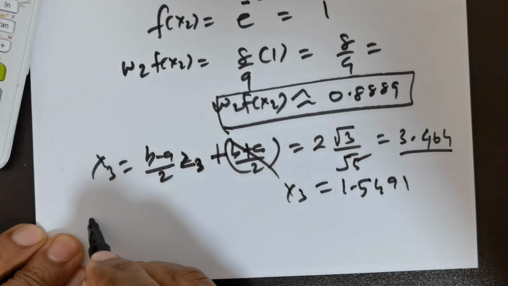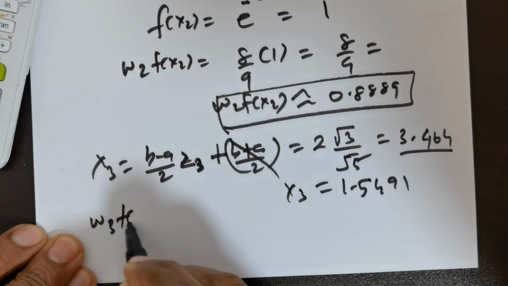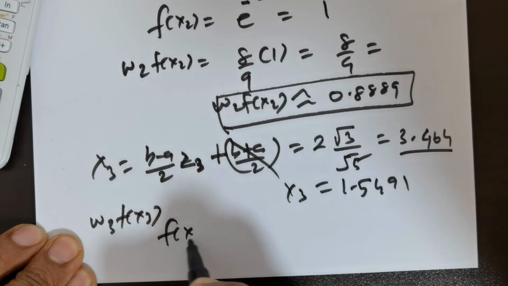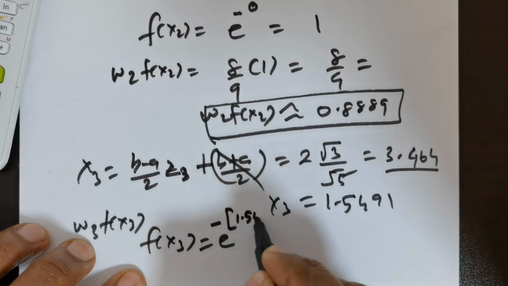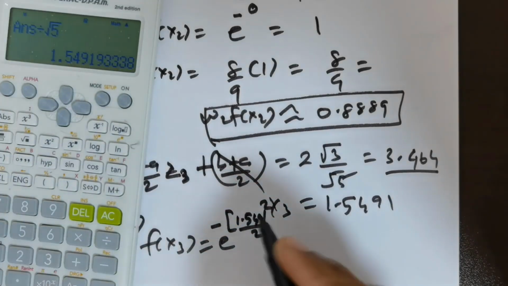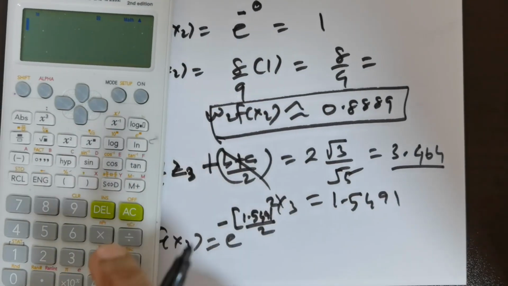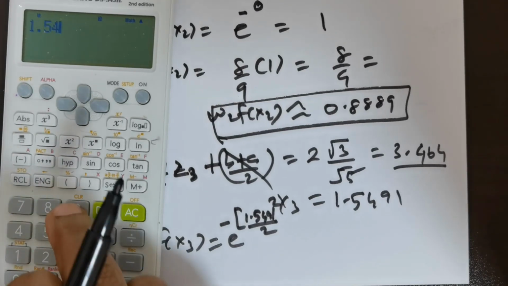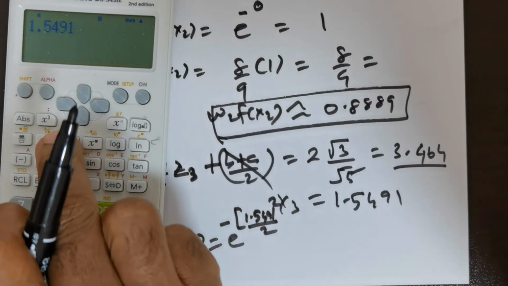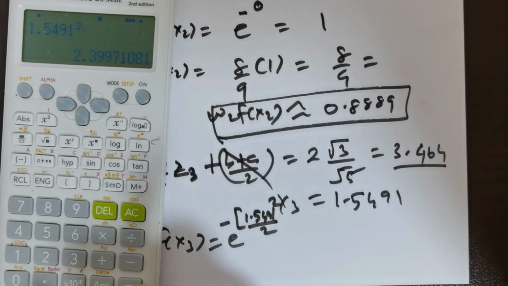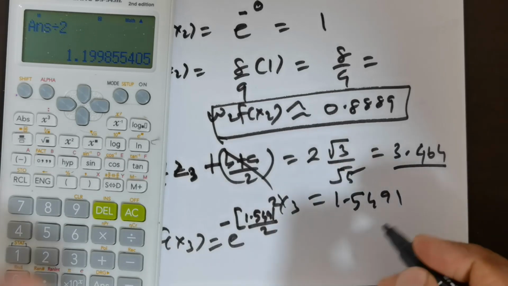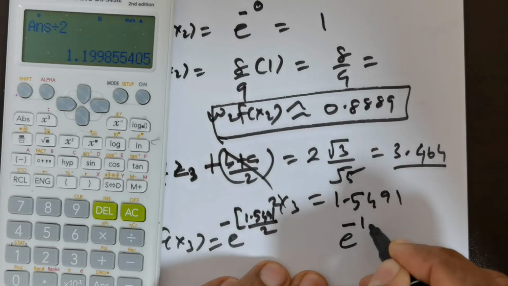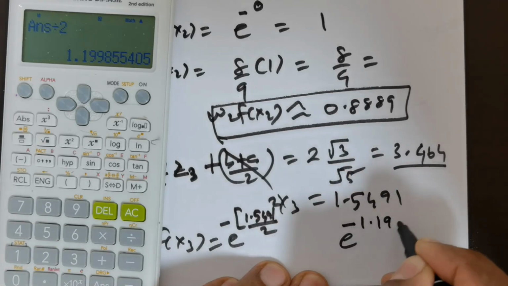Now we need to find f of x3, right? w3 into f of x3. So f of x3 is equal to e raised to the power of negative of 1.5491 squared divided by 2. Okay, I take the square first, 1.5491, and I divide by 2, and I take the value e raised to the power of negative 1.1999.